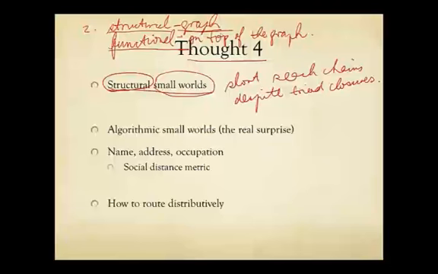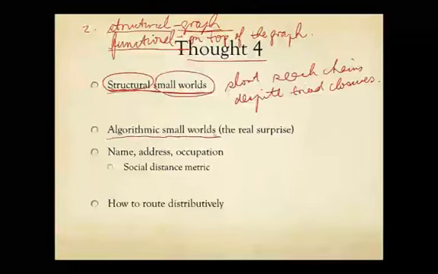And in today's and the next lectures, we will indeed talk about the interactions, both positive and negative ones, between structural and functional properties of a network. In particular, in today's case, we have just talked about the structural small world, but there's something much more, which is algorithmic small worlds.